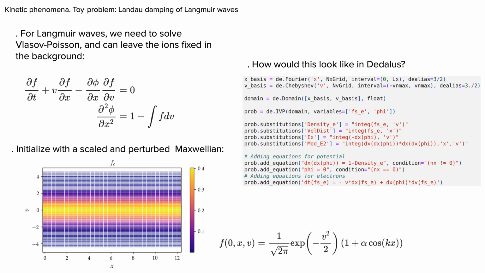And this is the initial distribution, which is the Maxwellian times a perturbation. And this is how it looks in Daedalus. For example, this equation here is Poisson, and this equation here is Vlasov. And here you put a condition to say that the zero mode of the potential is going to be zero.